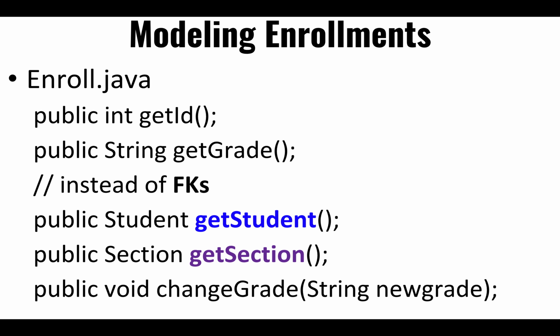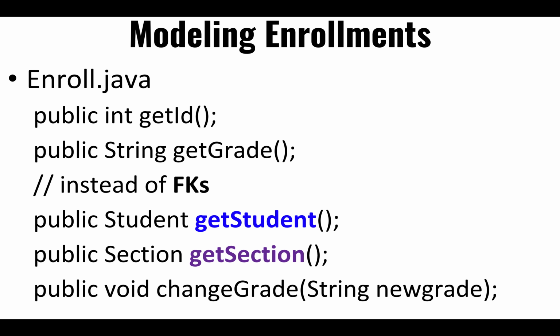All right, so here's another thing. Notice that there is no notion of foreign keys and primary keys. That is completely lost. Foreign keys and primary keys are an artifact of how relational databases maintain associations. It's not really part of the data.